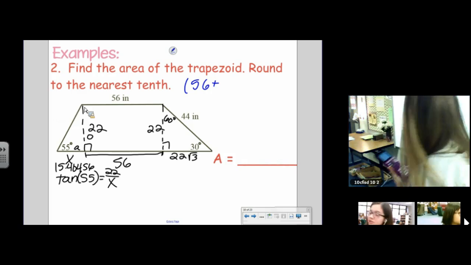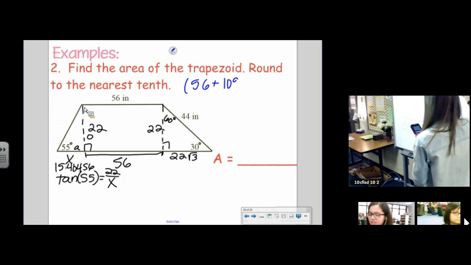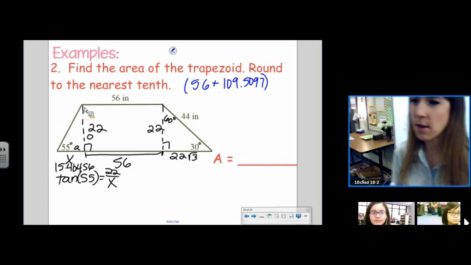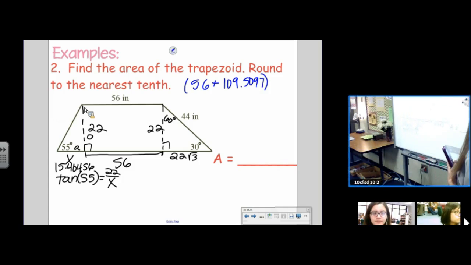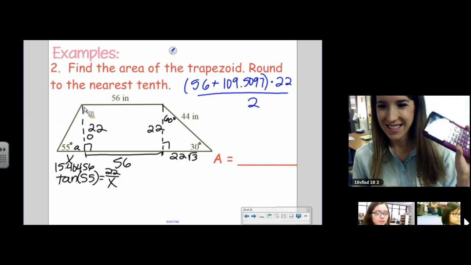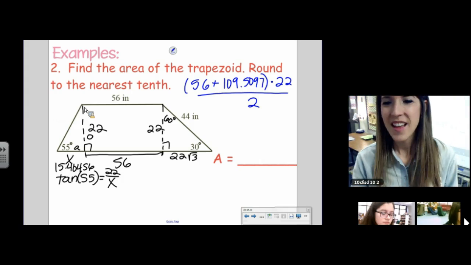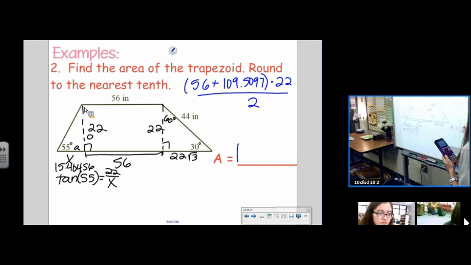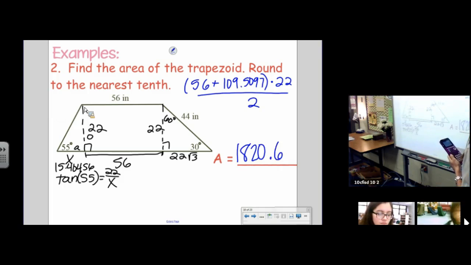I'm getting 109.5097, something like that. As long as the first two decimal places are the same, we're okay. Base 1 plus base 2 times the height divided by 2. So it said to round to the nearest tenth, so let's follow those directions. 1,820.6 inches squared.